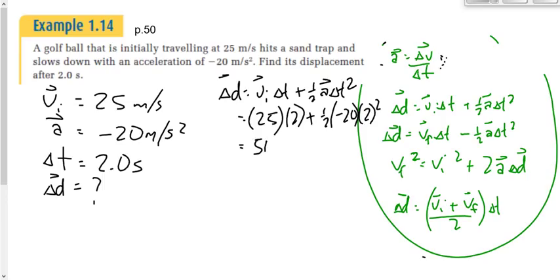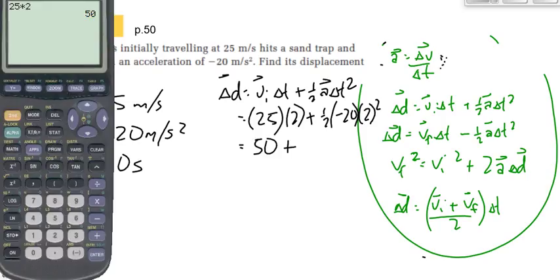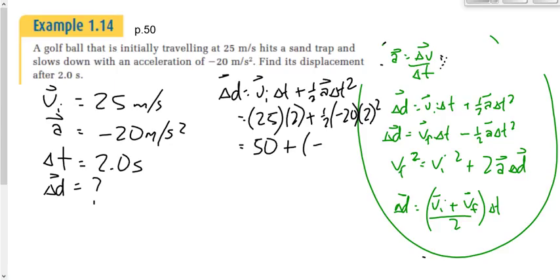I can write that down. Don't try to skip steps. Just do it in small steps. Then let's say 0.5 times negative 20 times 2 squared. That gives me negative 40. 50 plus negative 40 gives me positive 10.